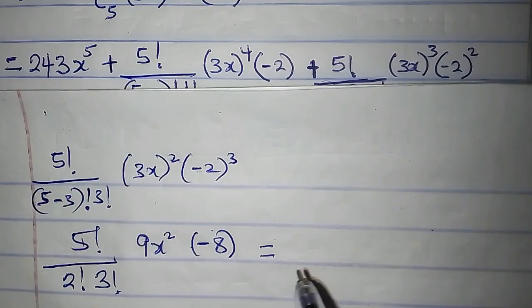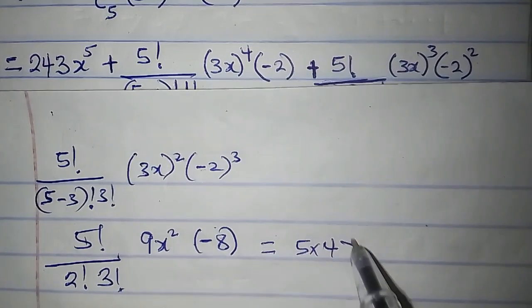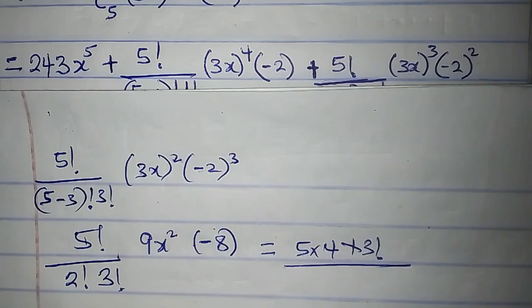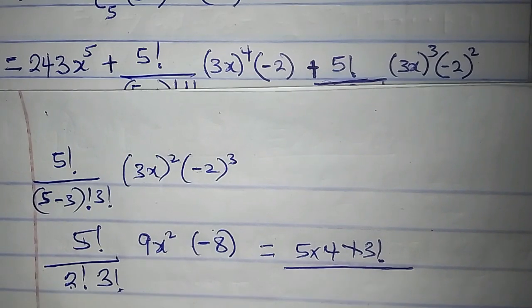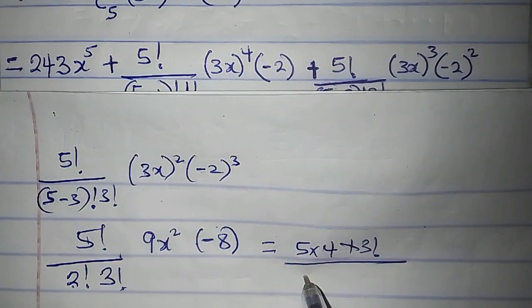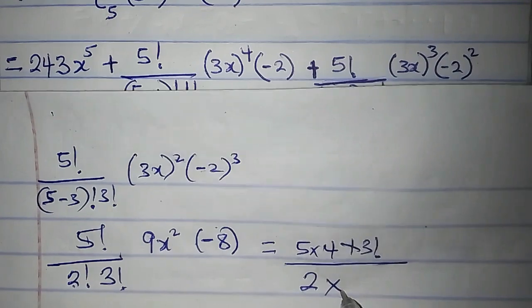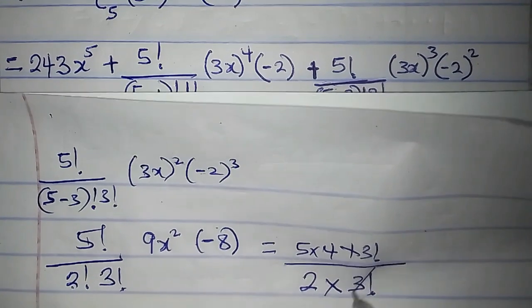5 factorial, I can write it as 5 times 4 times 3 factorial, just like what we did earlier. 2 factorial, like we said, is 2 times 1, which is 2. Then times 3 factorial, which we cancel.